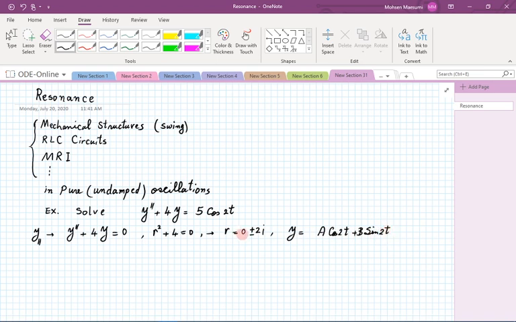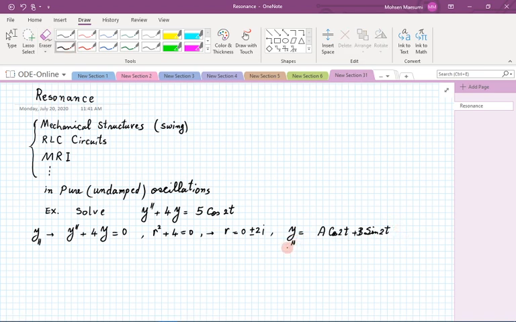Just to remind you, if you had a real part other than 0, that would have come as an exponent of this exponential term, but right now it is exponential of 0t times this expression, and exponential of 0t is just 1, and that's why it drops out. So without further ado, let's just remove that. So that's our solution of the homogeneous equation.